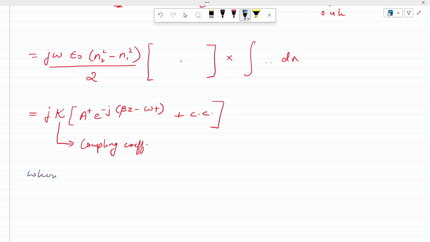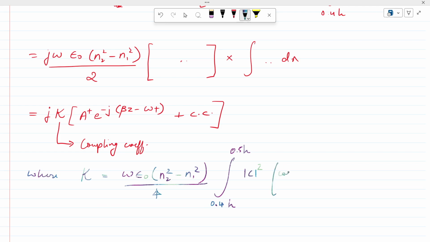Well, the coupling coefficient is omega epsilon naught, n2 square minus n1 square, upon, since I've removed the half here also, I should include it here, so upon 4, integral from 0.4h to 0.5h of cos kappa x upon cos kappa h by 2, squared, dx.